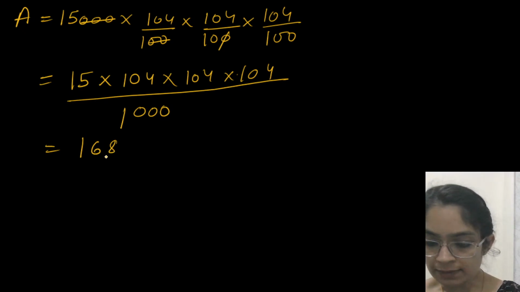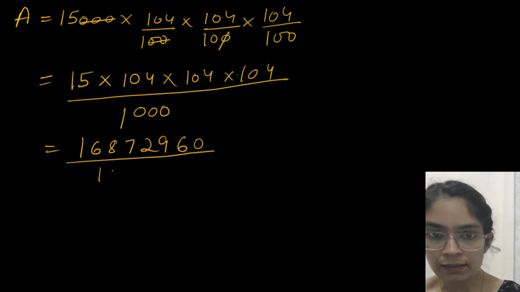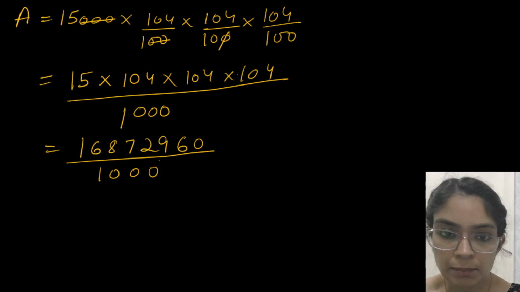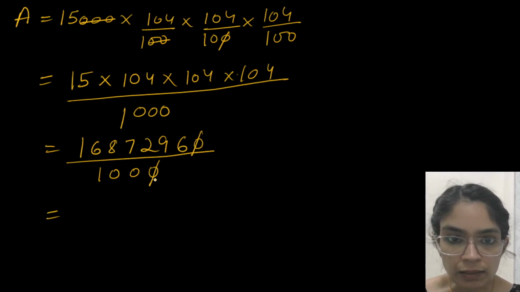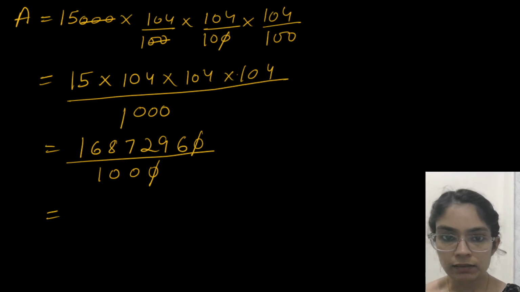1,68,72,960 by 1000. Okay, Nikhil has also shared the same answer. So 10 and 10 again you can cancel. Now you can convert into decimal. Let's see if we all are getting the same answer.